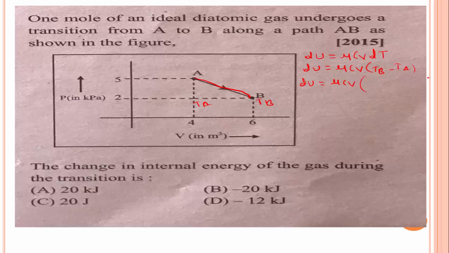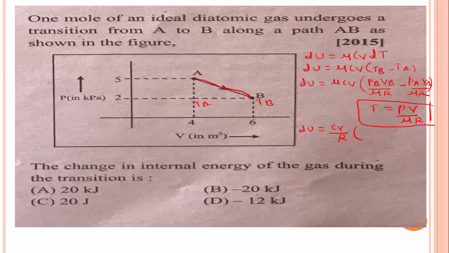From the ideal gas equation, T is equal to Pb into Vb divided by mu into R, minus Pa into Va divided by mu into R, because here T is equal to PV divided by mu into R. Here we get this equation, PV is equal to nRT or T is equal to PV divided by mu into R. Therefore dU is equal to Cv divided by R, a constant.